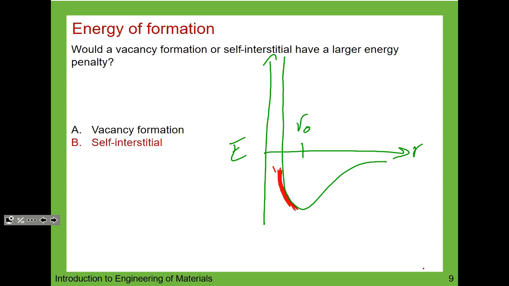Now, if you remove an atom, you form this vacancy. Well, where are you on this energy curve? You're going to be in blue. You're going to be over here, right? So if you change R by the same amount, left or right, if you follow this red curve, you shoot up in energy very quickly.